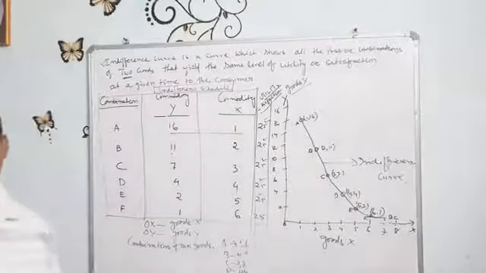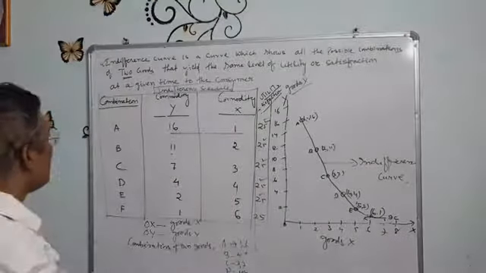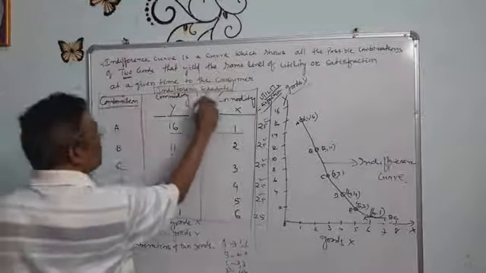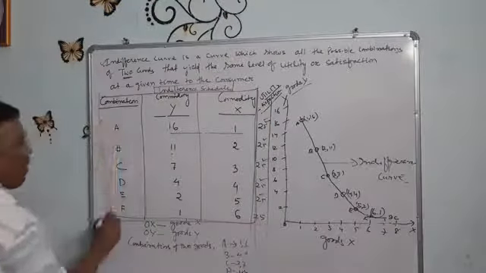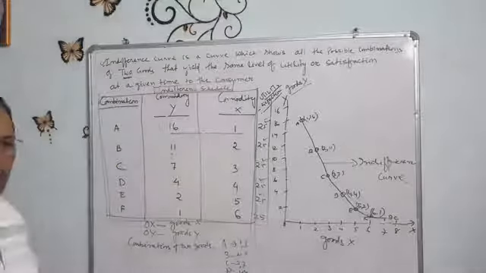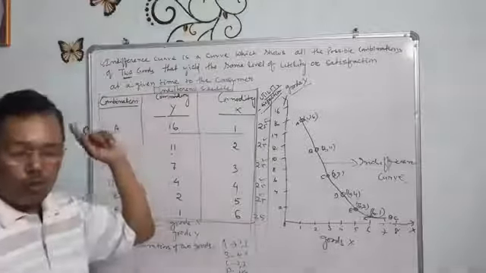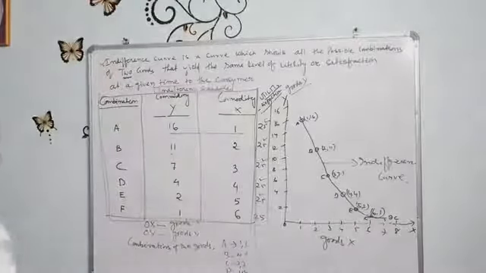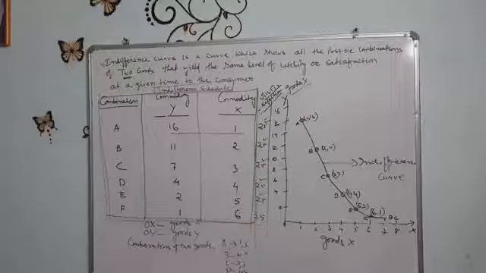Again I repeat, the indifference schedule is a tabular presentation which shows the different combinations of two goods, that is X goods and Y goods, that yield the same level of satisfaction to the consumers.